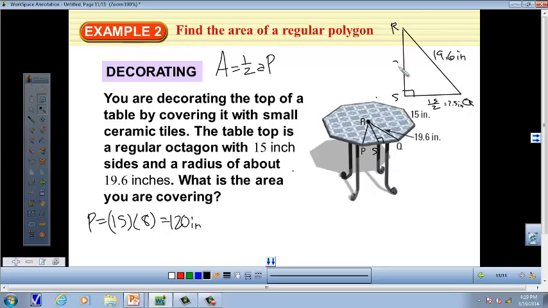We want to know what the apothem is, which is RS. So in order to do that, we use the Pythagorean theorem. So we would say 19.6 squared is equal to A squared plus 7.5 squared.